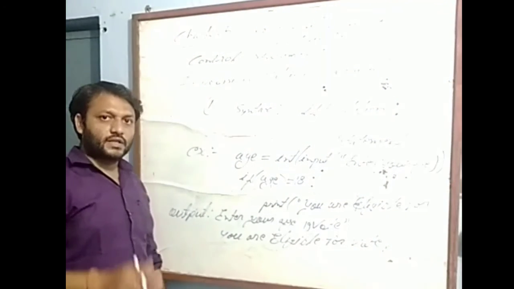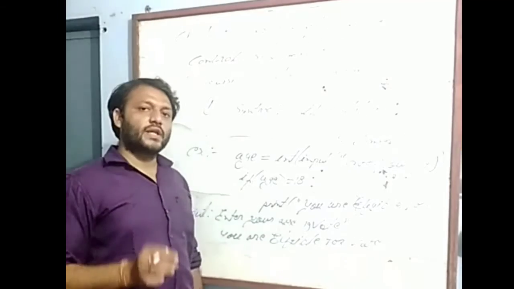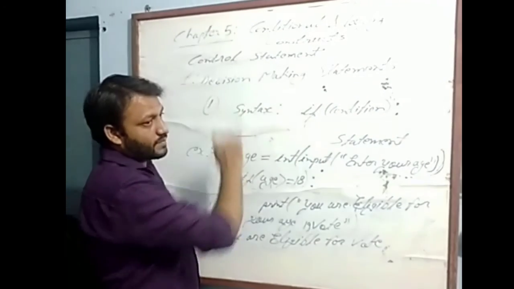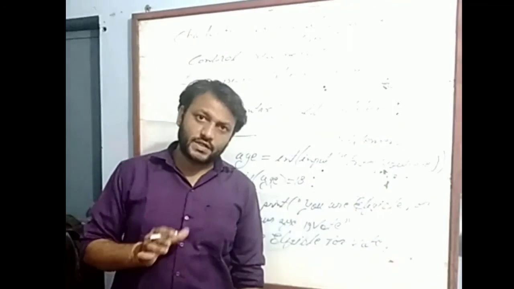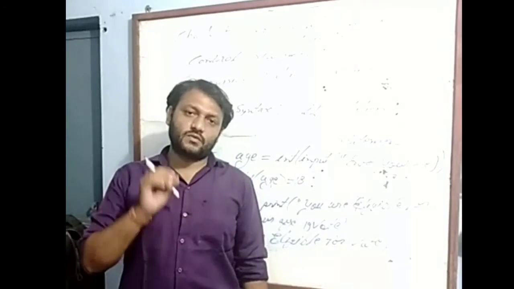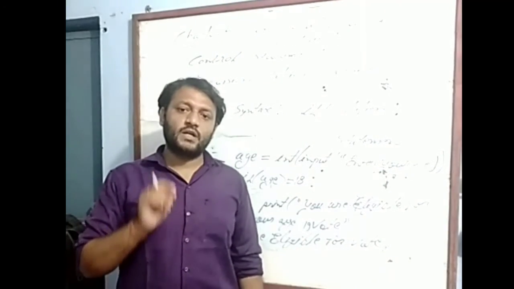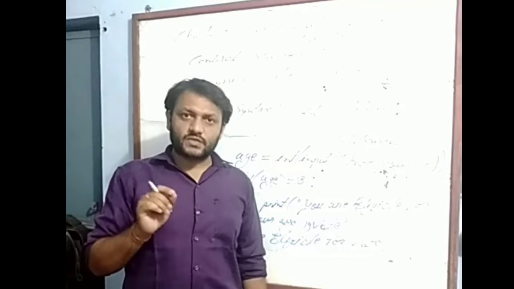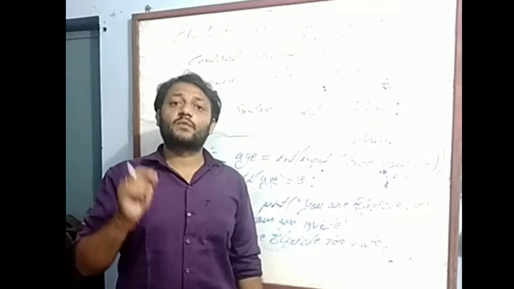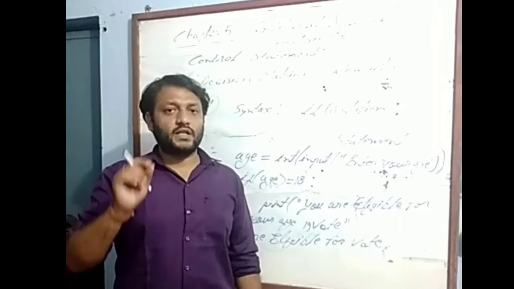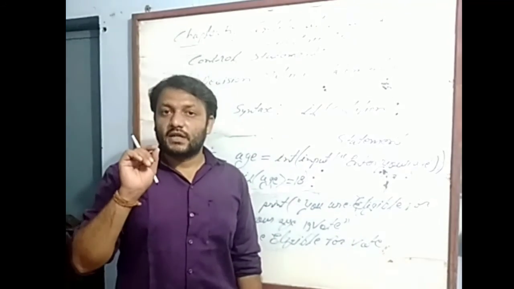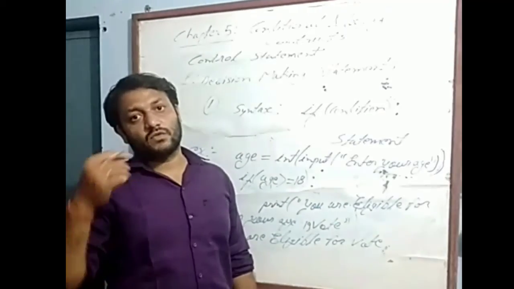Clear? I think you all understood how you can implement any program with the help of the if statement. First note down the definition of the if statement: if the condition is satisfied, then the if statement will be executed. Otherwise, no statement will be executed if the specified condition is false.